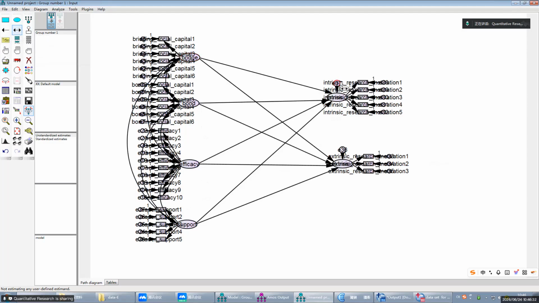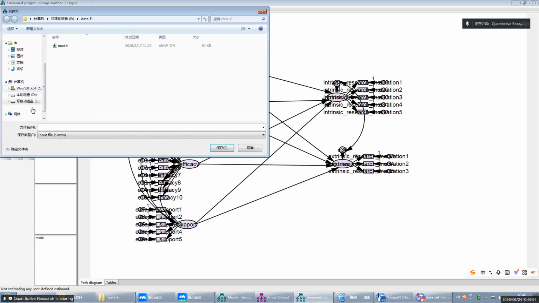I should add covariance between them. Right? That's all. Now I can compute. Oh, I have to save.